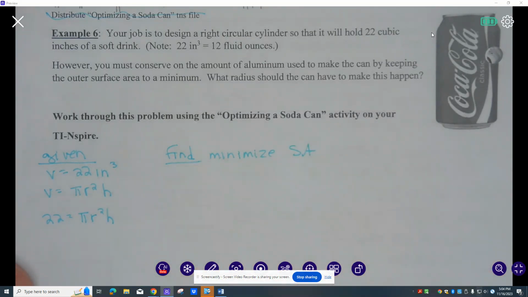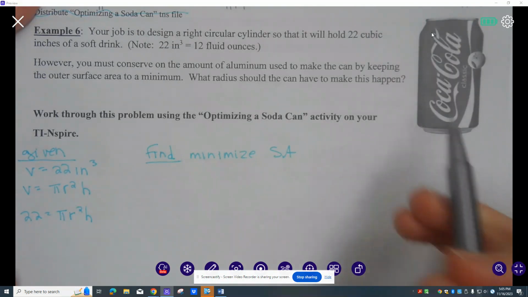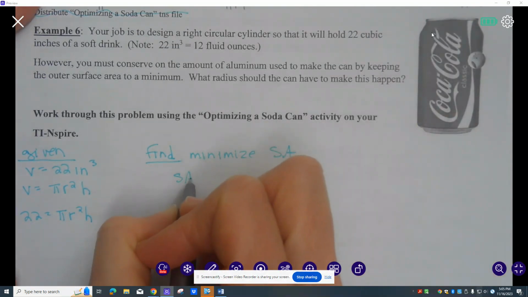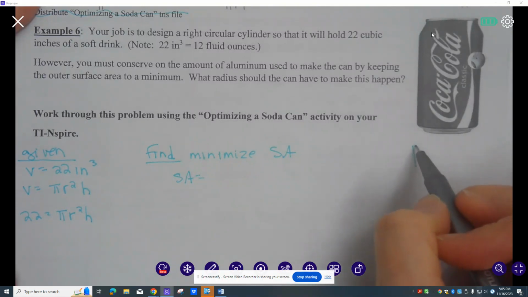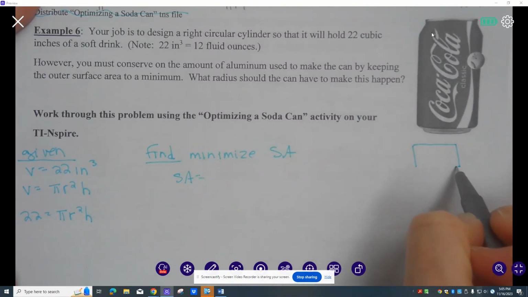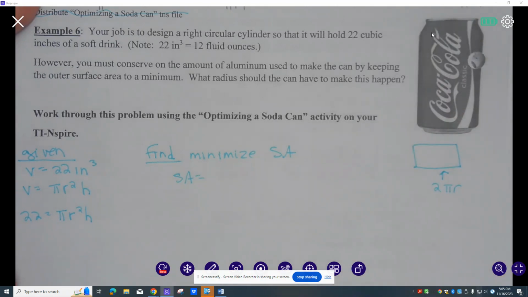surface area. So surface area is the two circles, the top and the bottom, and the sides, which make a rectangle. Picture if you unrolled a can, the sides would be a rectangle, and this side length would be the circumference of the circle.